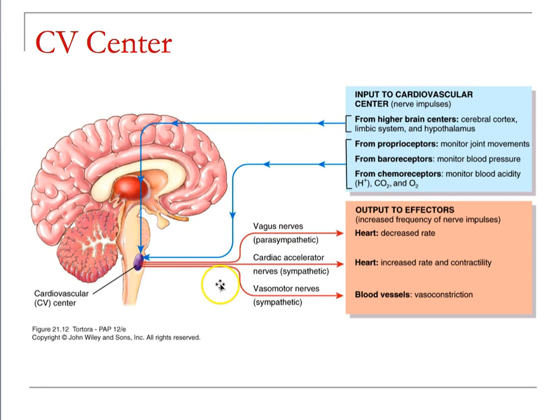Now down here, you're going to see that there are vasomotor nerves from the sympathetic portion of the cardiovascular center that regulate vasoconstriction. And this is really important. What I mean by that is you're seeing that there is no parasympathetic for vasodilation.